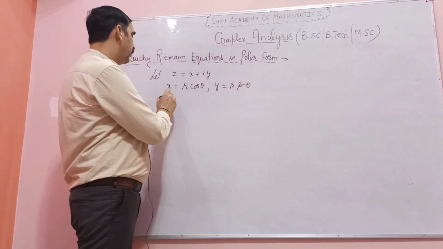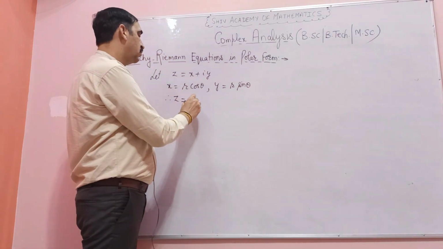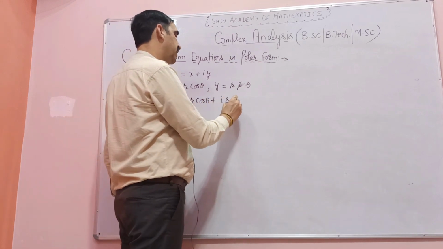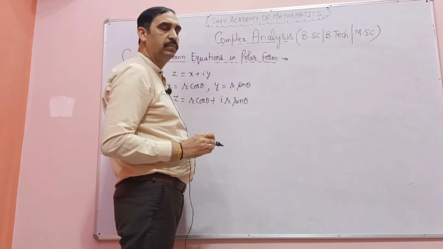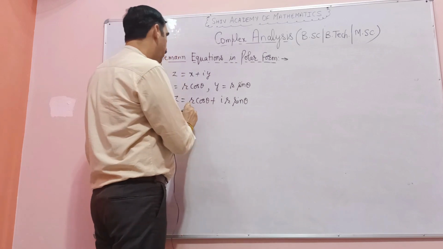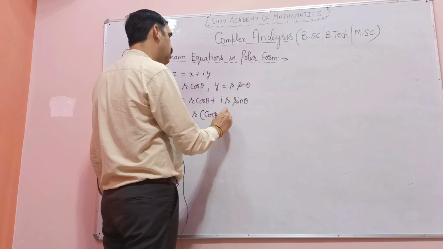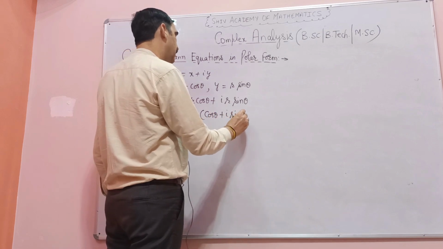Therefore z is r cos theta plus iota r sin theta. If you take this r outside, you get r times cos theta plus iota sin theta.